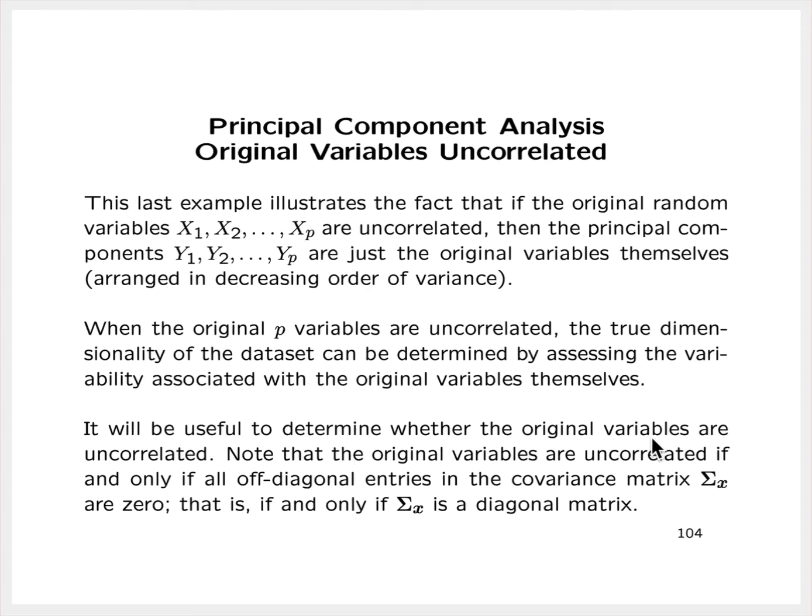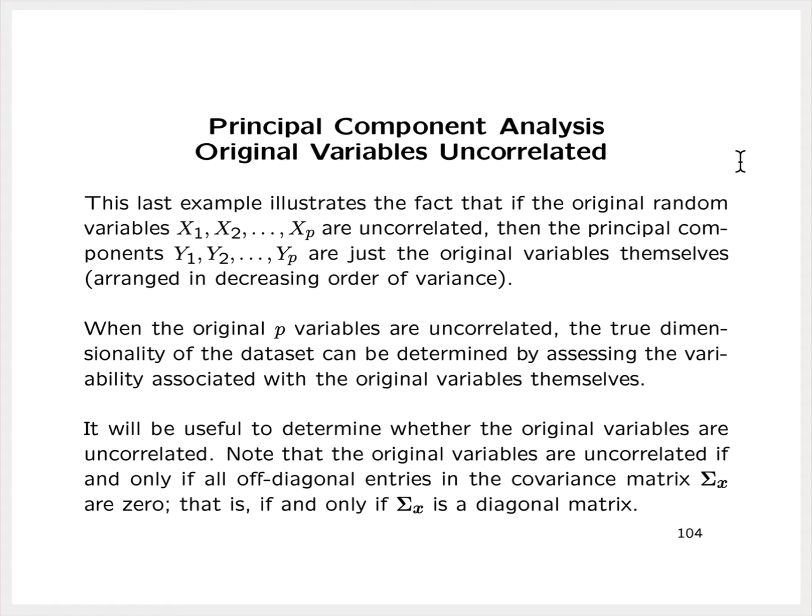So this is a special case example. It illustrates the fact that if the original random variables, x1, x2, and so forth up to x sub p, are uncorrelated, then the principal components, y1, y2, and so forth up to y sub p, are just the original variables themselves arranged in decreasing order of variance.